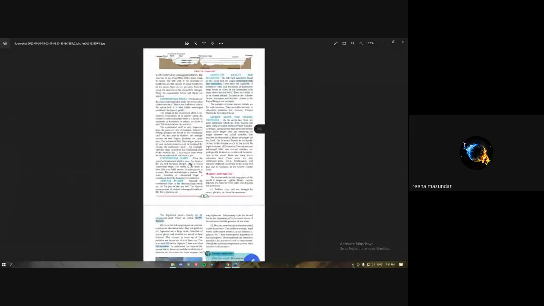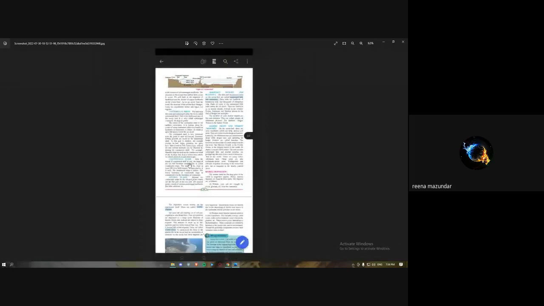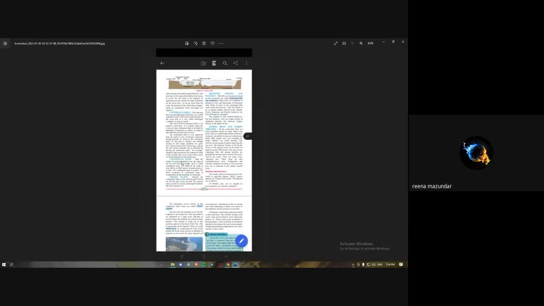The picture is not very clear over here. If I go with this, just a minute, hold. Structure of the ocean floor. Structure of the ocean floor.